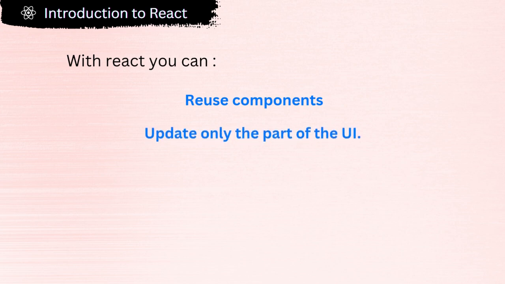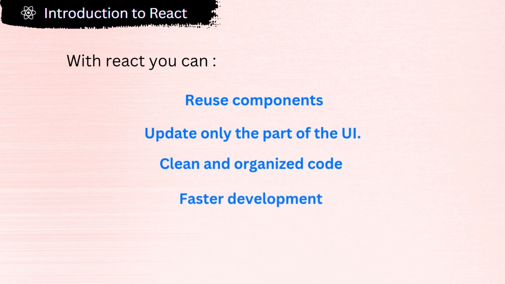With React, you can reuse components across pages, update only the part of the UI that changed, and manage complex UIs with clean and organized code. All this leads to faster development and a better user experience.